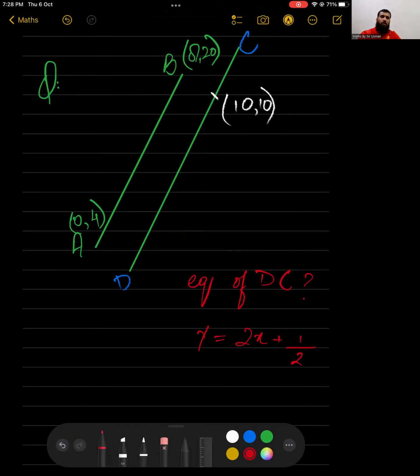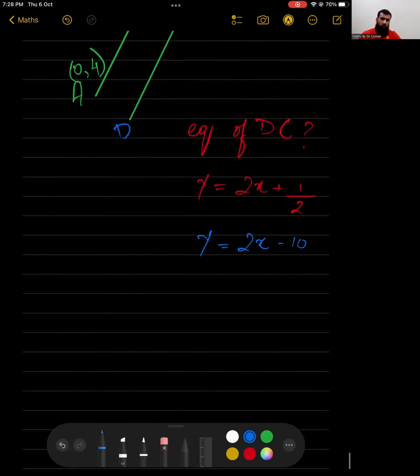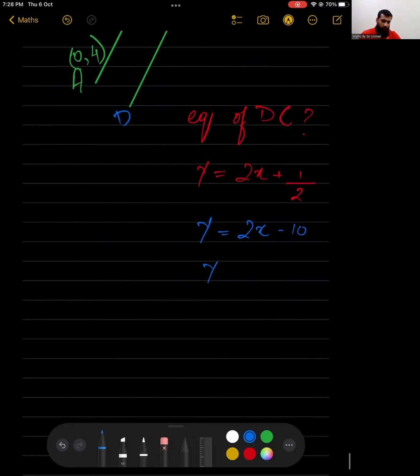Okay, so we have another answer as 2x minus 10. Anyone else who has solved it? Huda, Mina, Ramsha. Okay, so I guess the correct answer is 2x minus 10.